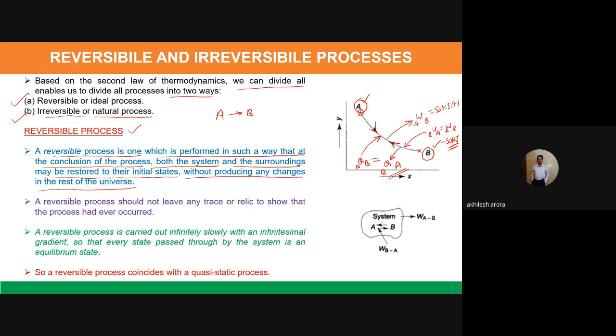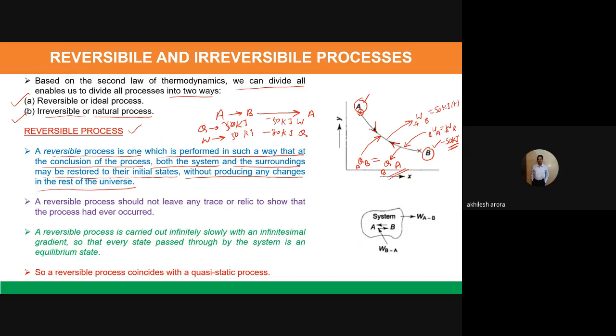Let us say that 30 kilojoules of heat enters into it, and 50 kilojoules of work is done by the system. And then from B to A, when the system moves, minus 50 kilojoules of work is done, and minus 30 kilojoules of heat goes out. So this was the heat from A to B, this was the work from A to B, and this is the heat from B to A, and this is the work from B to A.